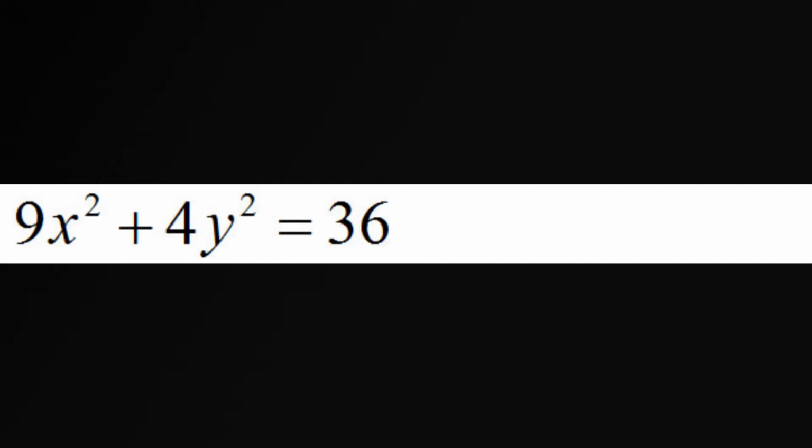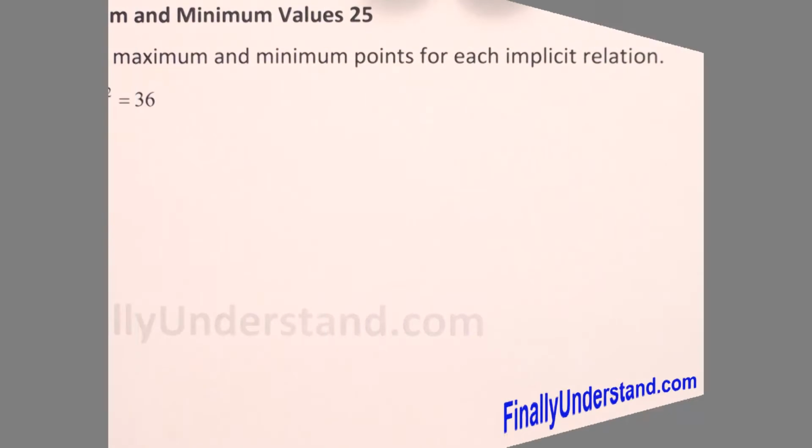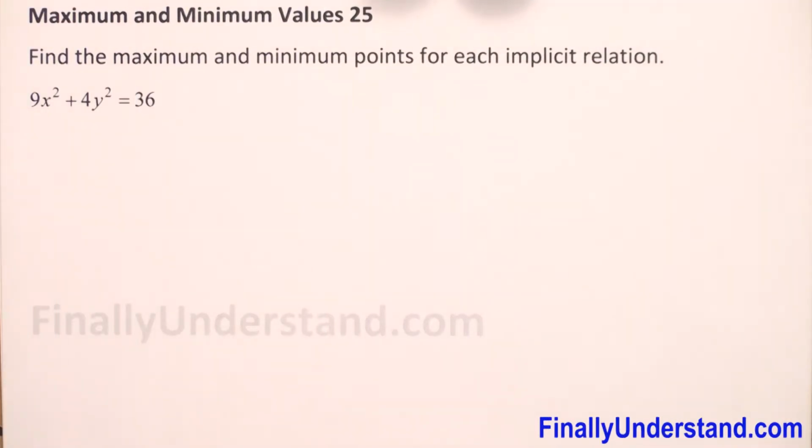We have given implicit relation and we have to find maximum and minimum points. So first we will take derivative of both sides and we will treat y as a differentiable function of x.